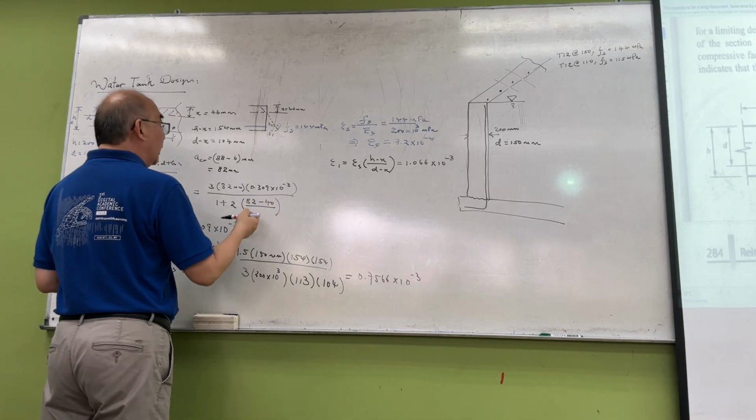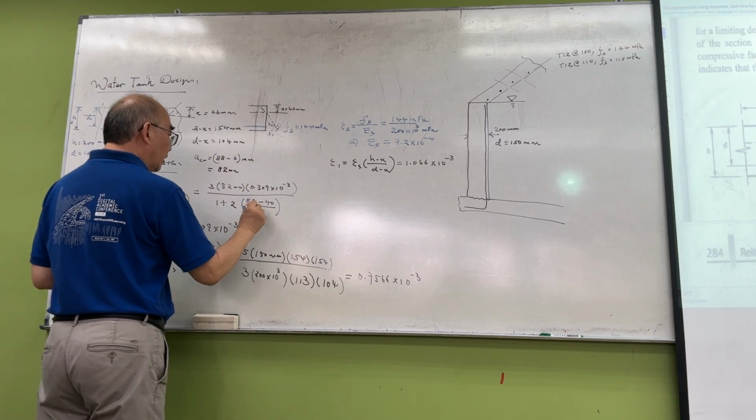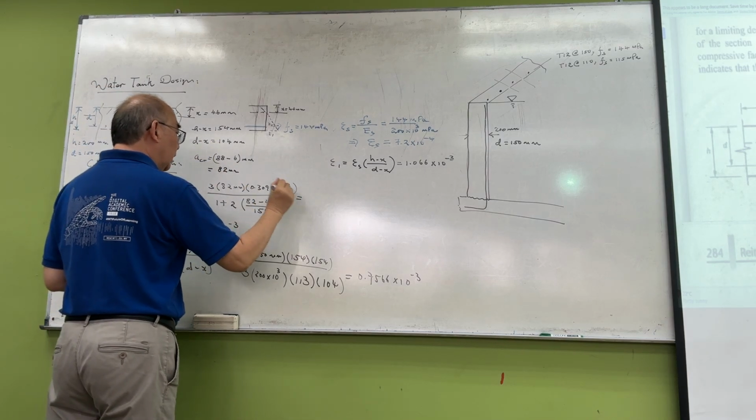And then divided by h minus x. h minus x is 154. So what's this value?